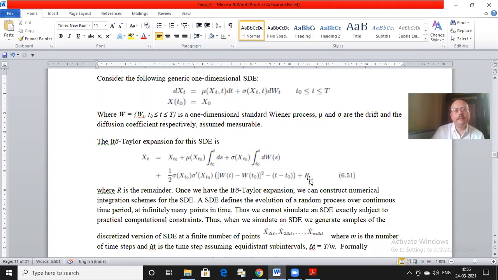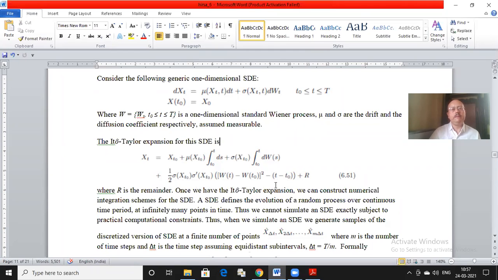So what we are doing is expanding the whole integral around t naught, taking the mu and sigma evaluated at X_t0 outside, so that we have a relatively simple integral here. And the second term is to accommodate the variance here. And the variance, as we know, is of the order of t.